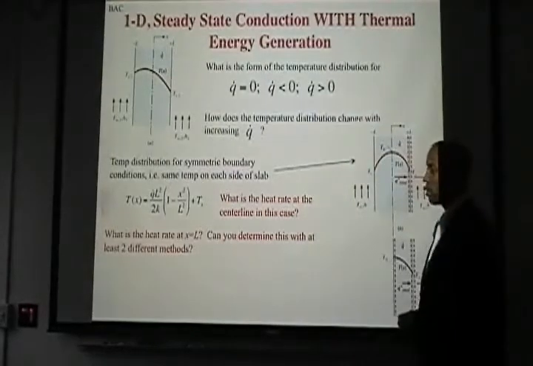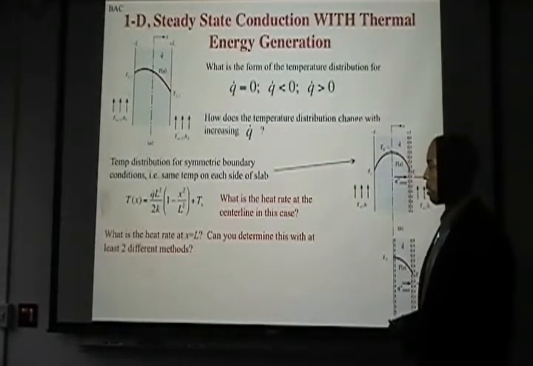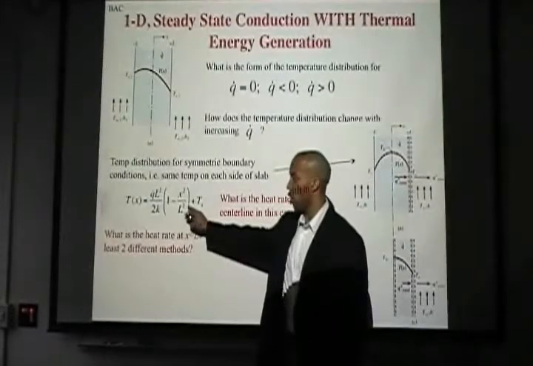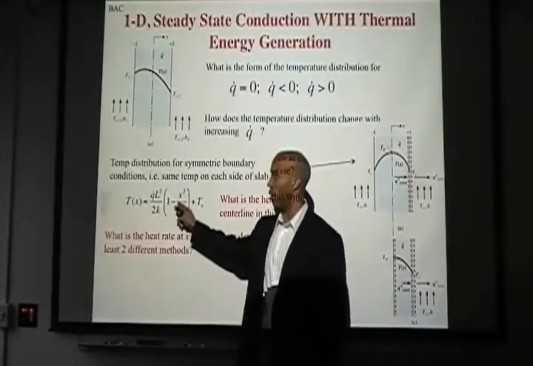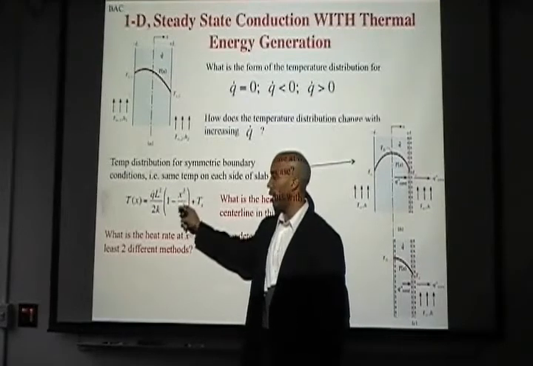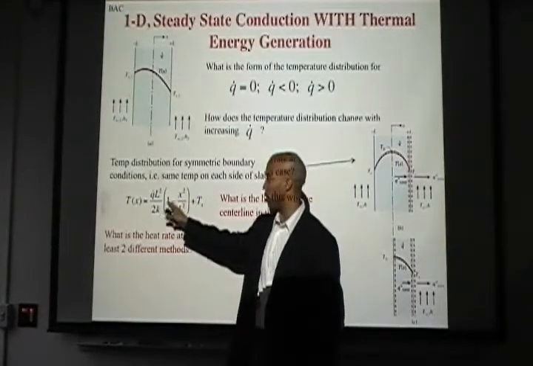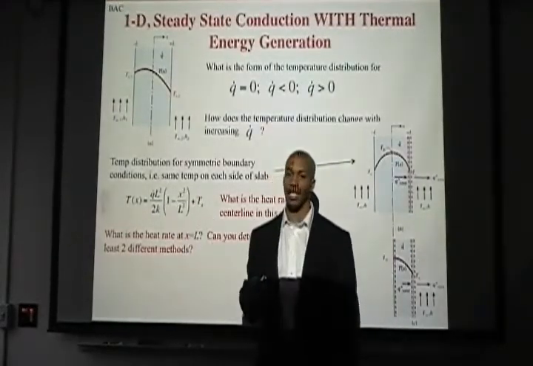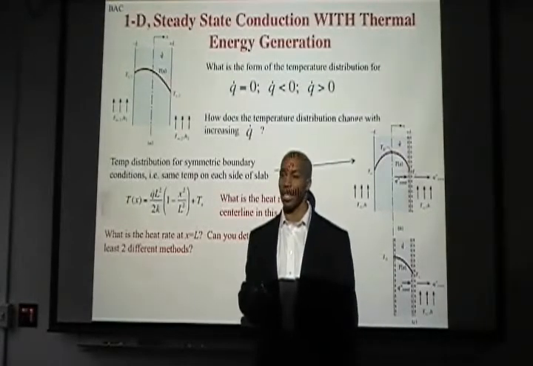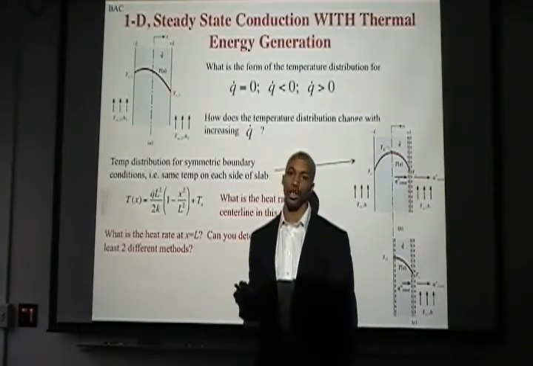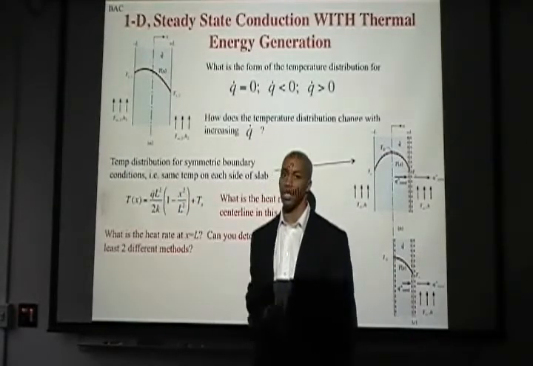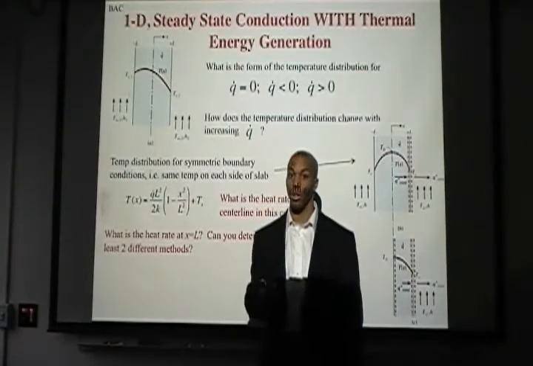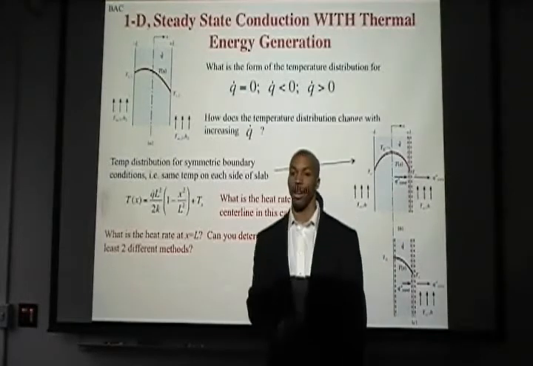So the other way to do it is by applying Fourier's law, differentiating our temperature profile, and then finding what the heat rate is when you plug in x equals L. So that's the straight mathematical approach, where we directly utilize the temperature profile in Fourier's law to come up with our heat rate.